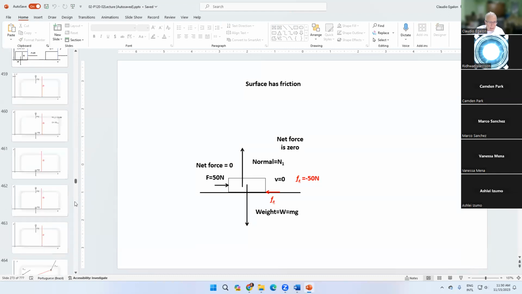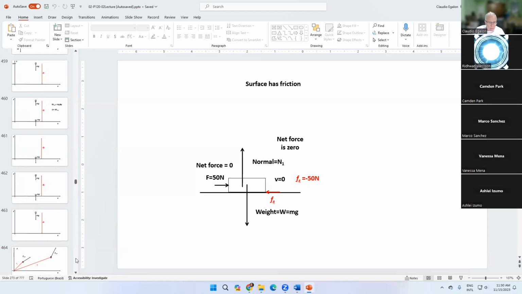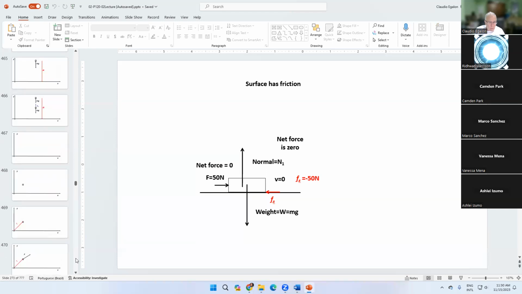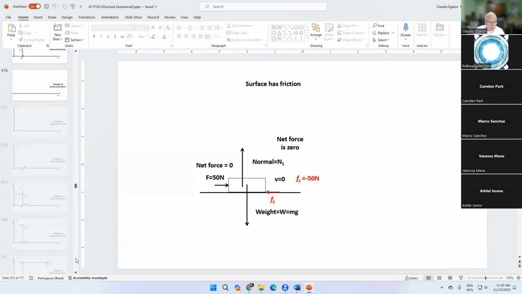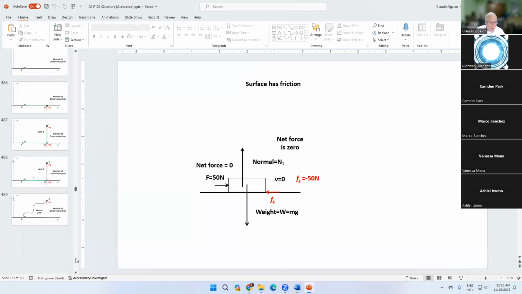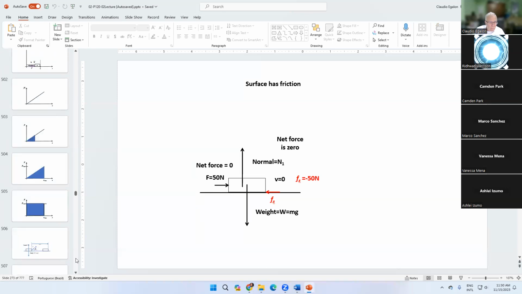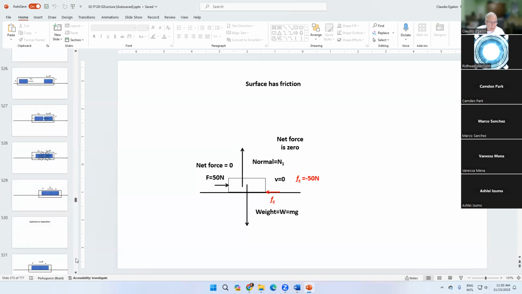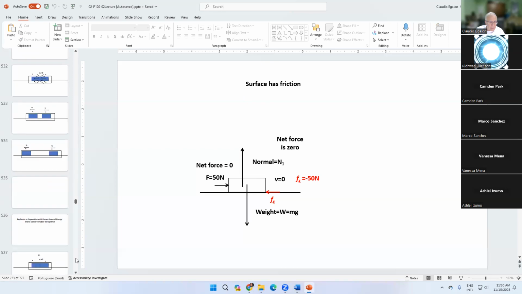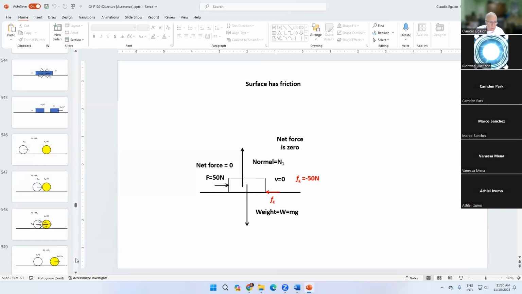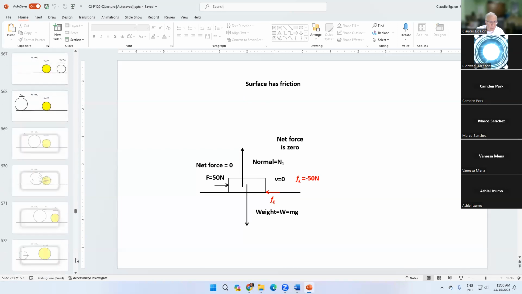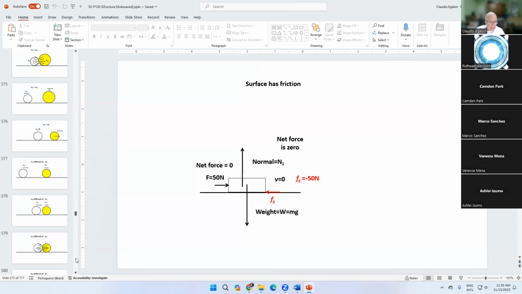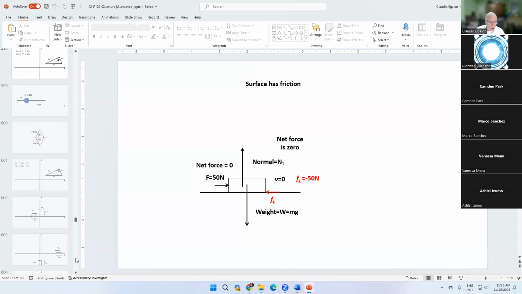The torque of force F2 is going to be counterclockwise, it's going to be positive. And then we have the torque due to the weight. The torque due to the weight is going to be negative because it's clockwise.